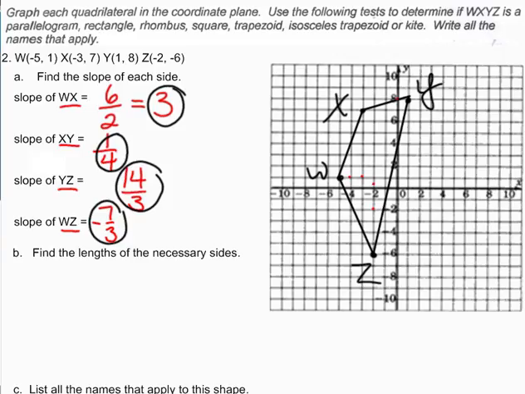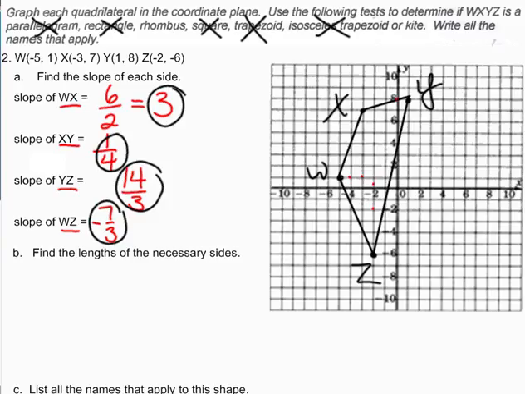So if we don't have any perpendicular lines, that gets rid of the rectangle, that gets rid of the square. If we have no parallel lines, that gets rid of the parallelogram. It gets rid of the trapezoids. So we are left with either a rhombus or a kite.